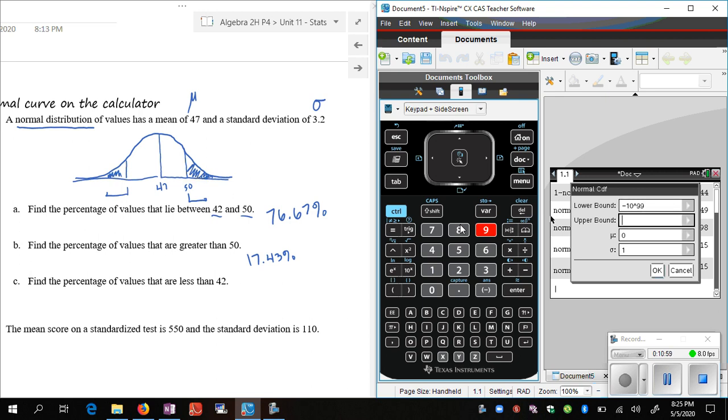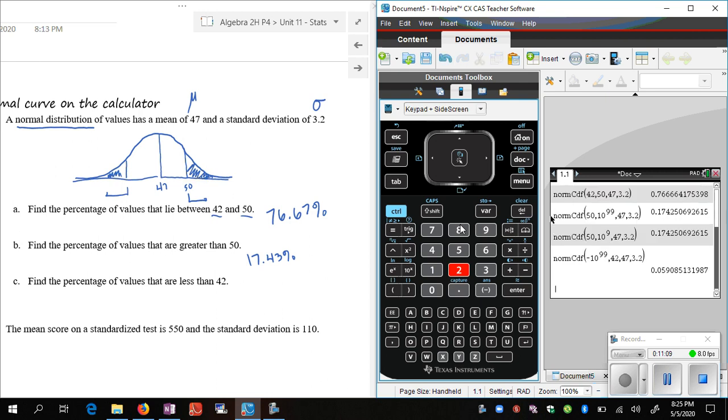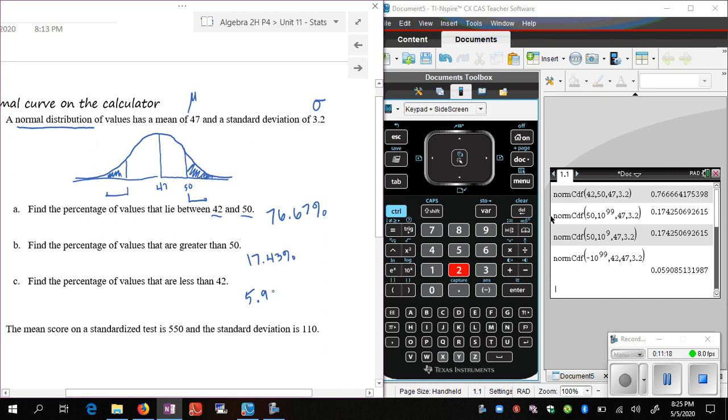My upper bound is 42. Mu is again 47, and sigma is again 3.2. And for that one, we get 0.059 or 5.91%. Again, that's calculated going that way.